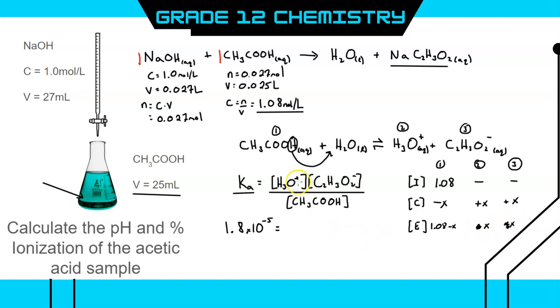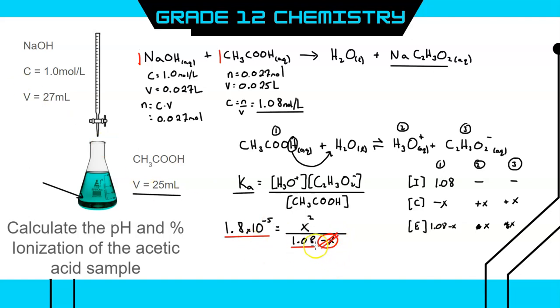Okay, so that means we have x and x, which gives us x squared, divided by 1.08 minus x. Now, we can actually drop that x, because if you take the initial concentration of our acid, and divide that by the acid constant, if that number is greater than 100, which it definitely is, we are safe to drop this x. It's not going to make much of a difference.